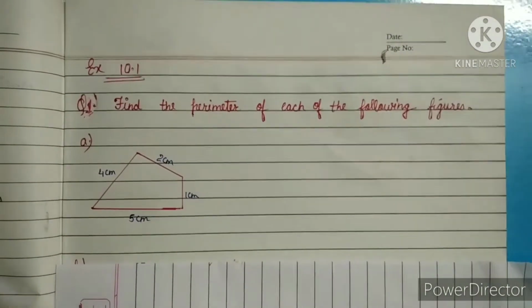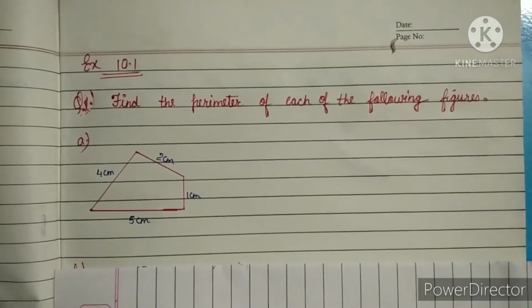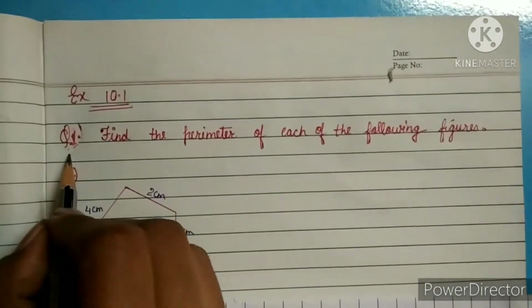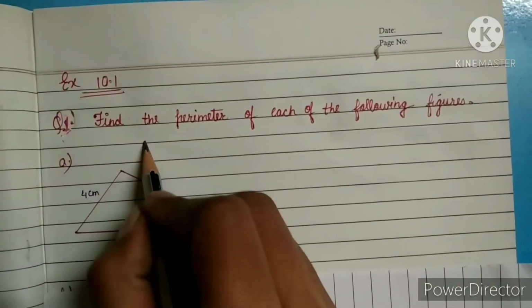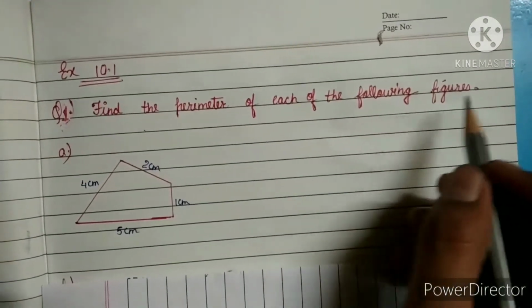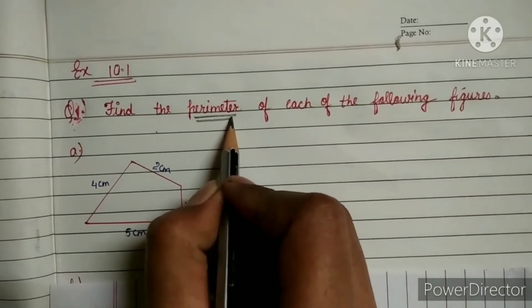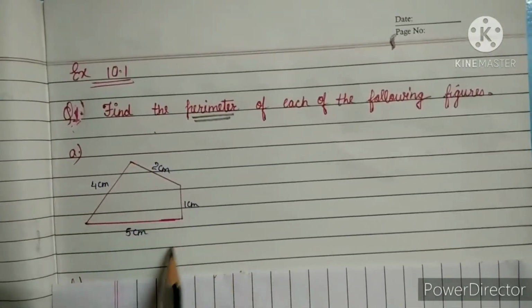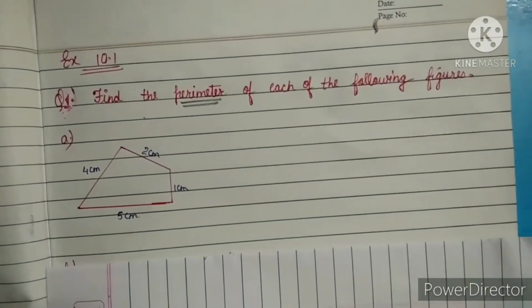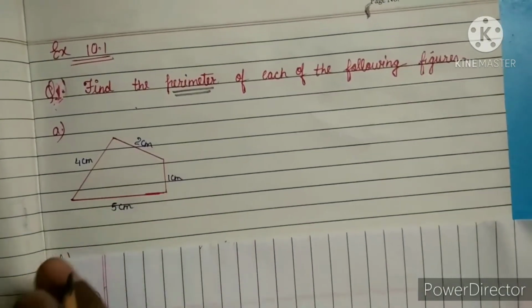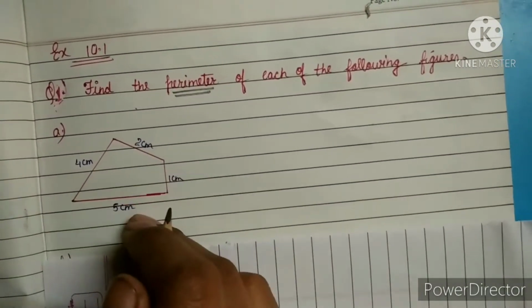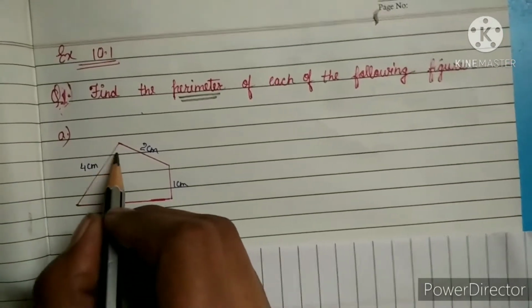Now let's begin exercise 10.1. Question number 1 is: find the perimeter of each of the following figures. What do we have to find? We have to find the perimeter, which means the distance around the closed figure. For taking the distance around a closed figure, first take one point.